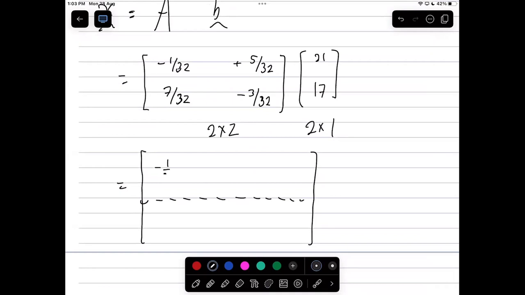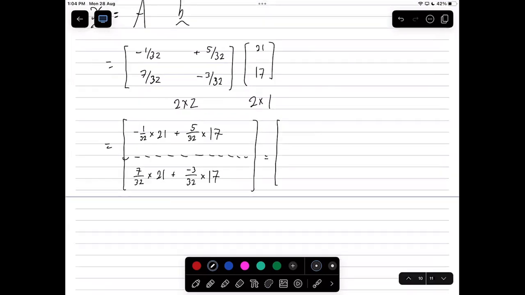-1 over 32 times 21 plus 5 over 32 times 17. Then the bottom is 7 over 32 times 21 plus -3 over 32 times 17. Okay, calculator time. Let's see if we get our answer.